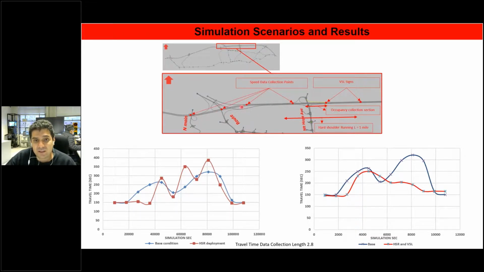So if the speed is dropping in the downstream, the variable speed limit signs located at the upstream of our hard shoulder start working, and basically they control the volume going to downstream. And as you can see on the right side, it noticeably improves the travel time. I mean, it reduces the travel time.